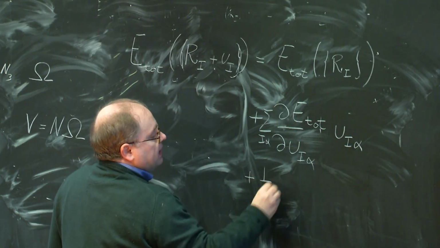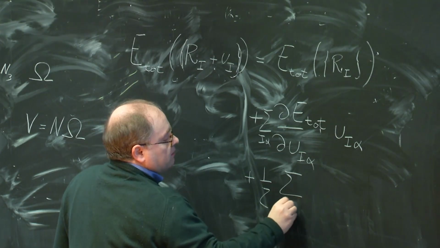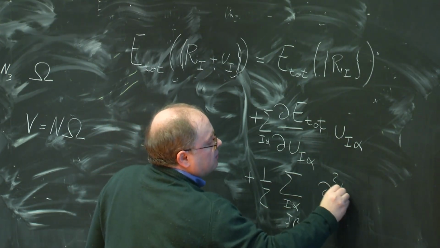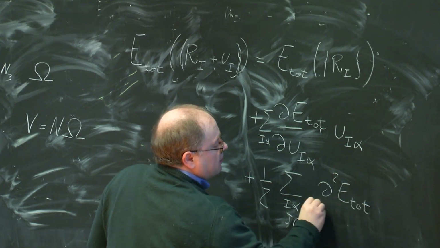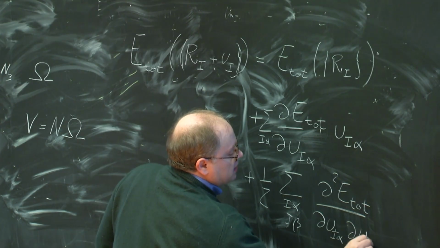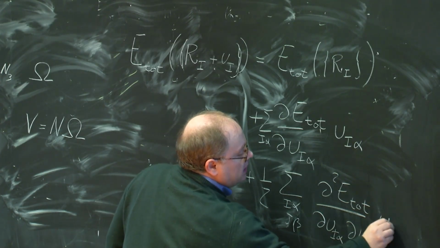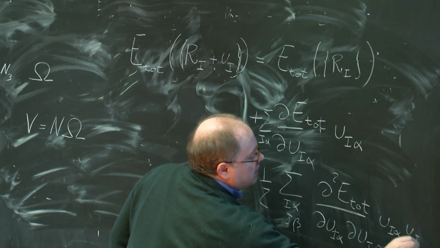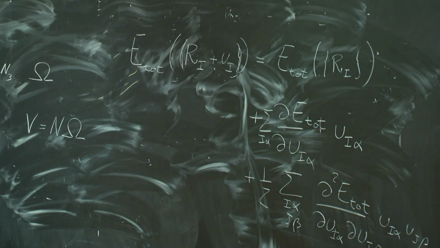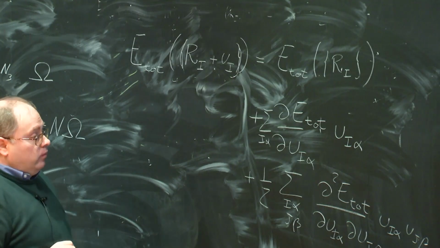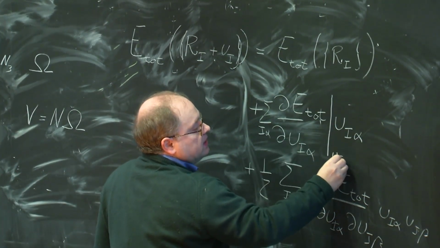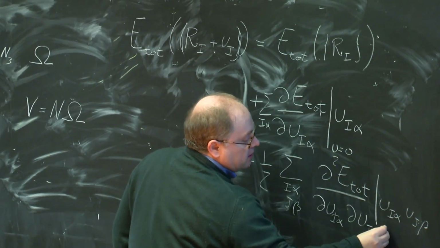And then plus 1/2 the sum over I alpha and J beta of the second derivative of the total energy with respect to U I alpha and U J beta. Now these derivatives are calculated at U equals 0, so at the equilibrium position.